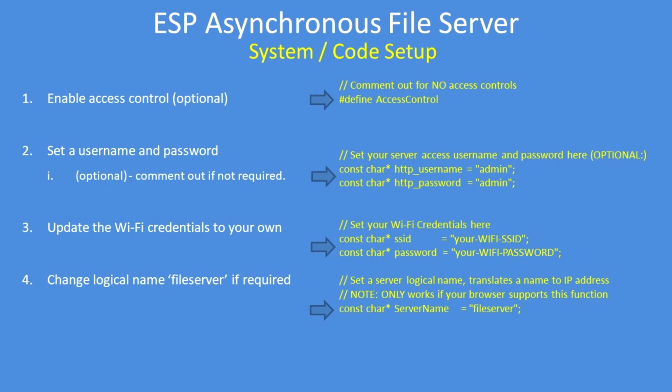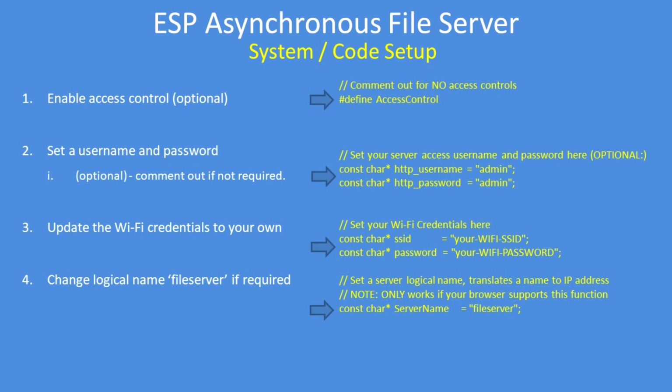So setting the system up, copy the 2 files into a sketch folder, edit the credentials file and either comment out or define access control. And if you do define access control, then be sure you've got a username and password you can remember or set. You just set those to anything you like, the default admin.